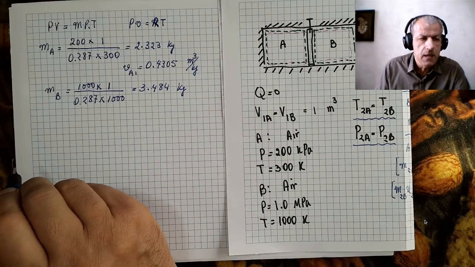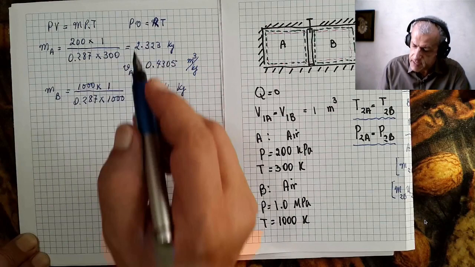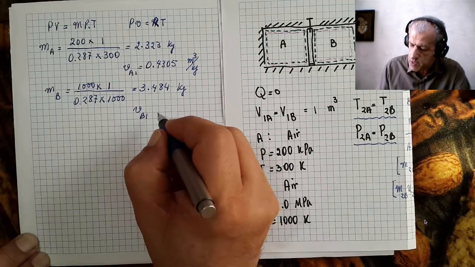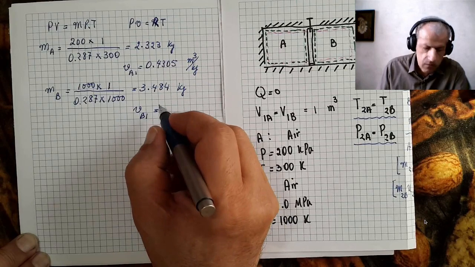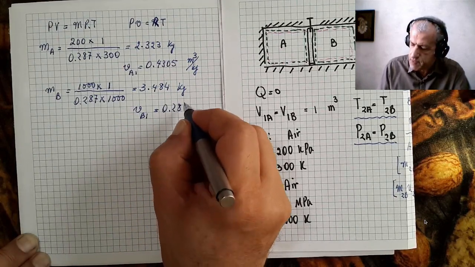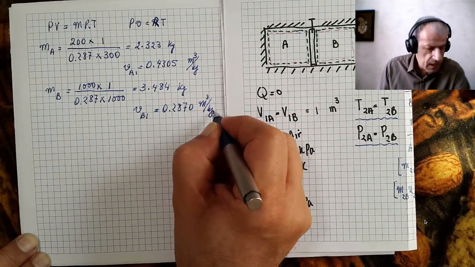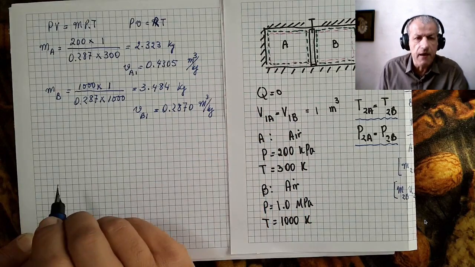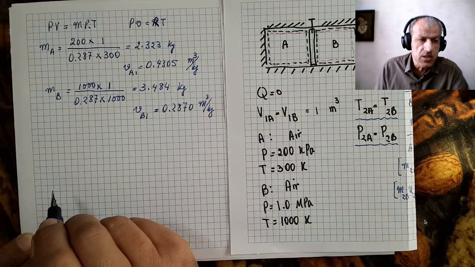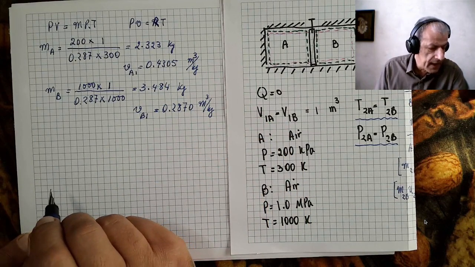That is the mass in B. And if we repeat the same practice with this equation, vB1, specific volume, would be 0.2870 cubic meters per kilogram, and therefore we have both initial mass and specific volume for A and B.